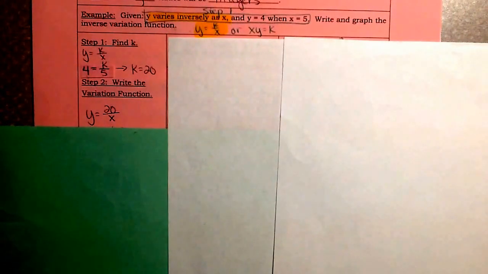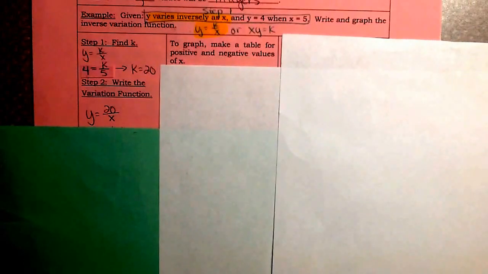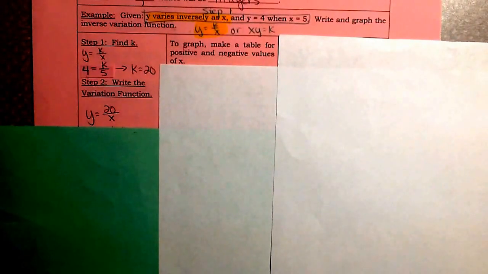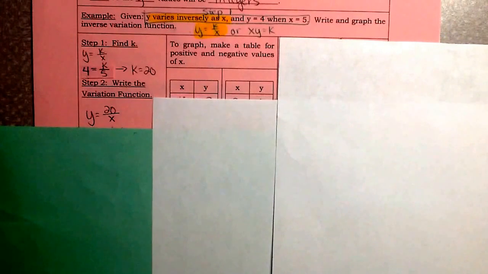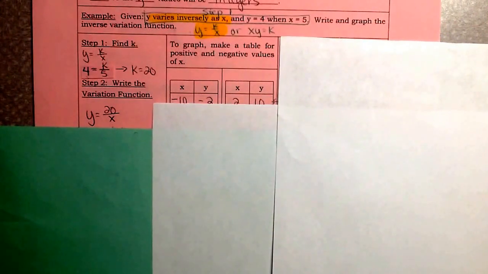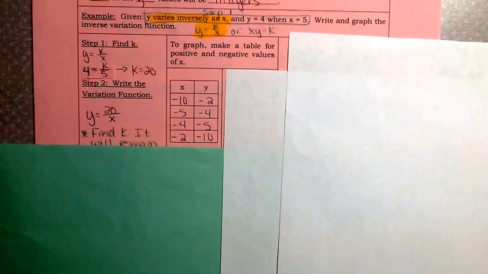All right, then you're going to make your table. Now, when you're making your table, you want to try to choose factors of 20. That way you're not graphing decimals and fractions. So there are several factors of 20. Now, inverse variation graphs, you need to graph negative values and also positive values. So you're going to have two tables for each side of your graph. And here I'm choosing negative 10, negative 5, negative 4, and negative 2.